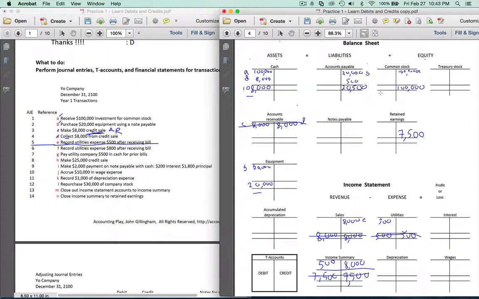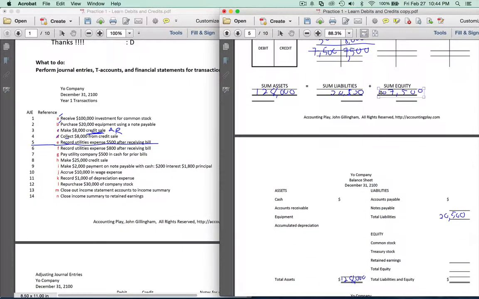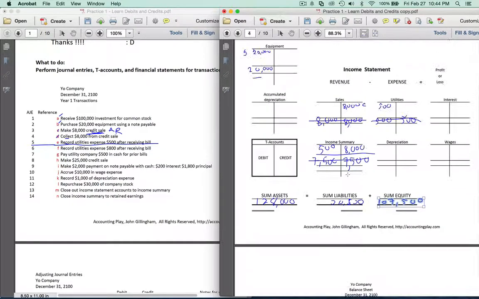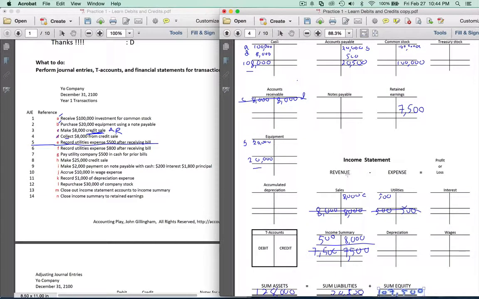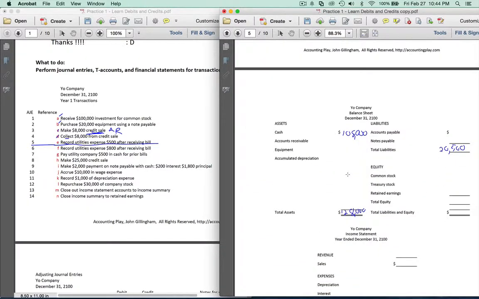It's going to be awesome. $108,000 in cash. Accounts receivable, I know we saw, nope, none of that. We had equipment of 20,000. So let's get that. 20,000, what's up?